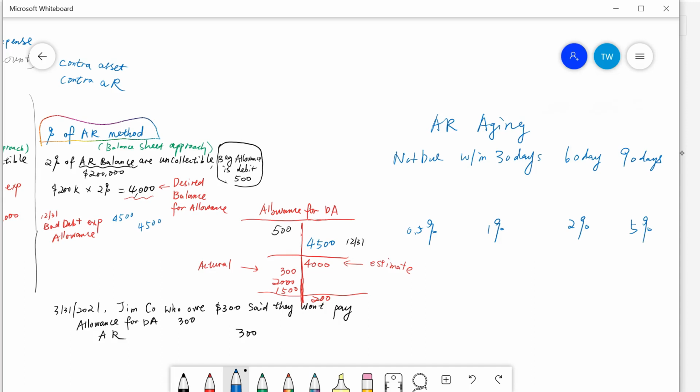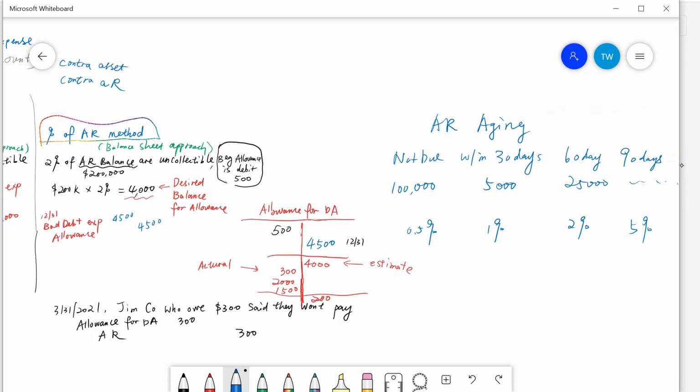And then maybe this company has total 200,000 accounts receivable but 100,000 is here, and then 5,000 here, 25,000 here, and so on and so forth.